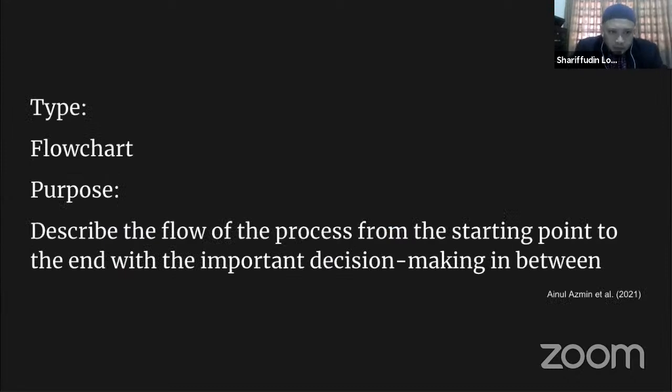Next one is the flow chart. The flow chart is the visual aid that describes the flow of the process from the starting point to the end, with the important decision making in between.